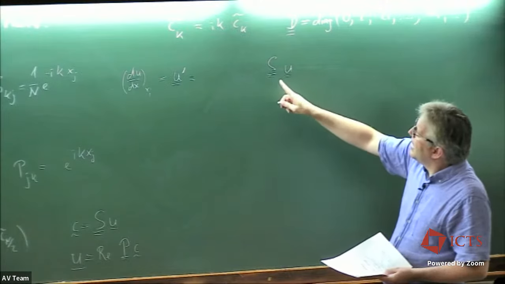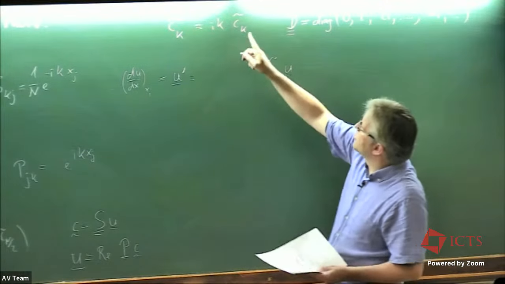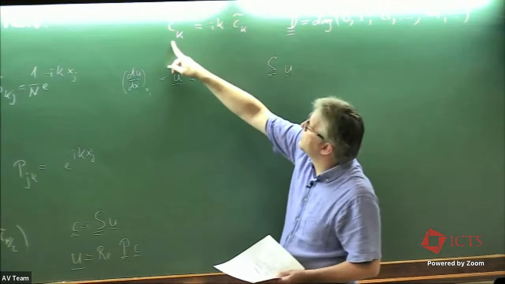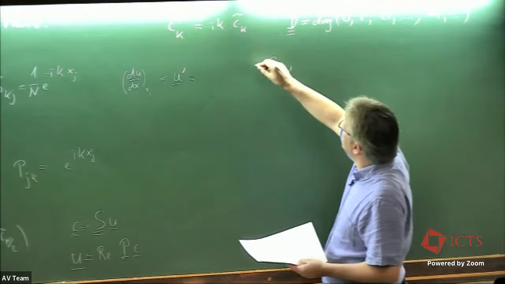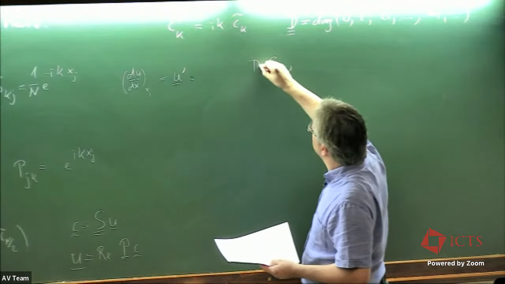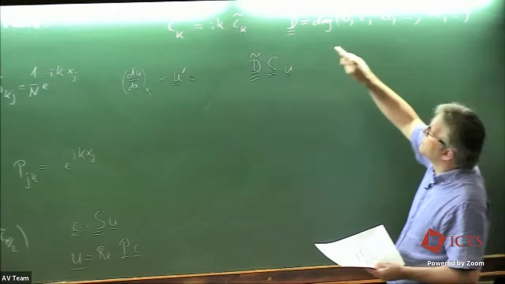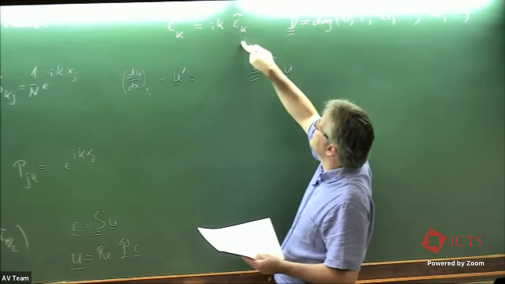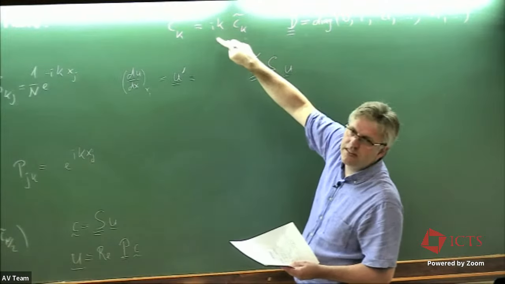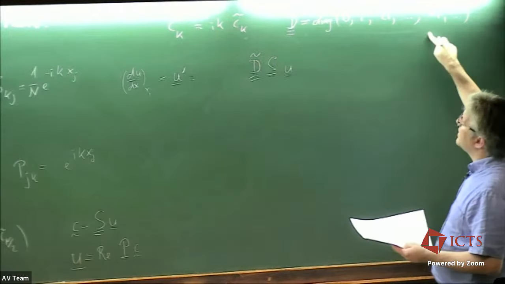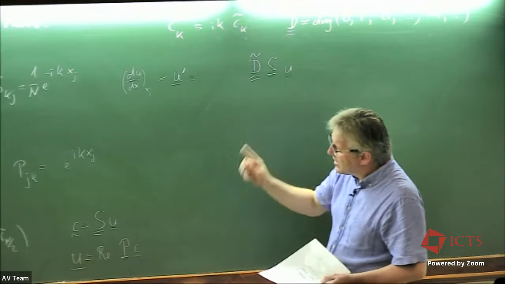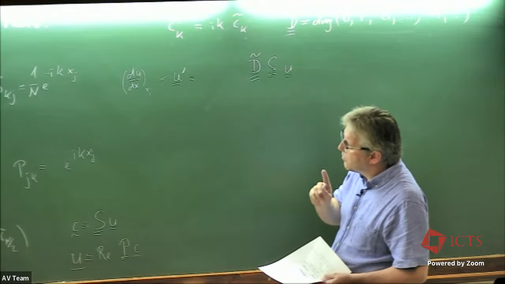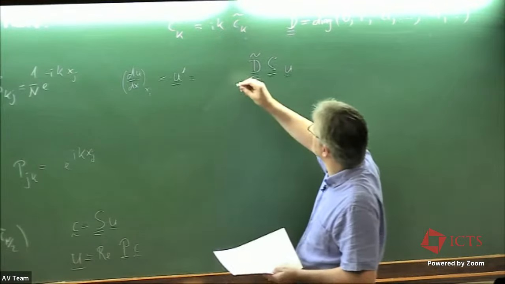Then I'm going from my coefficients c_k to the coefficients of the first derivative via this D matrix. Because it is diagonal, it only acts on each coefficient itself. And because the diagonal elements are the i times k, we are getting precisely what we want. And then I can go back to real space with the P matrix.